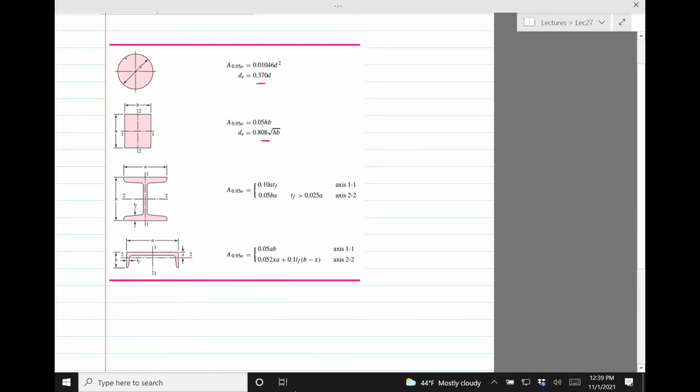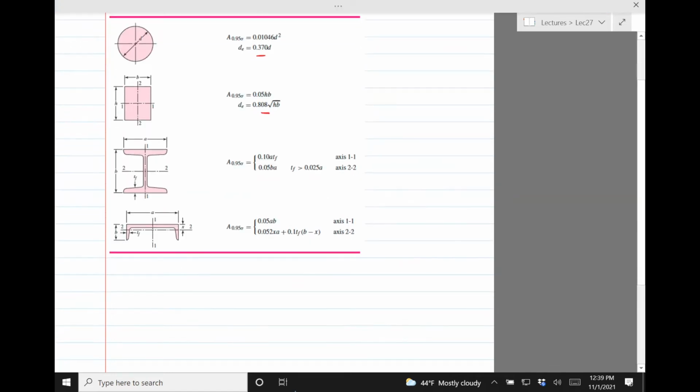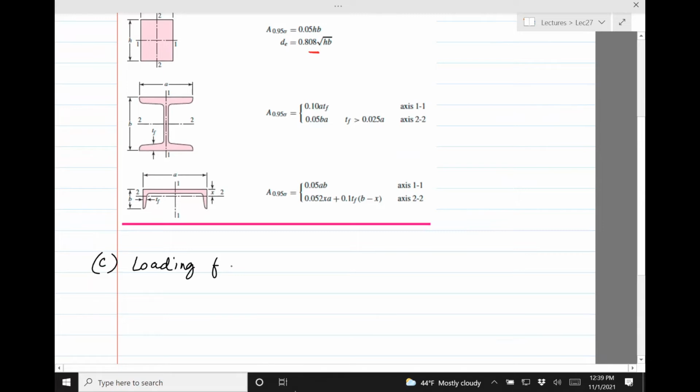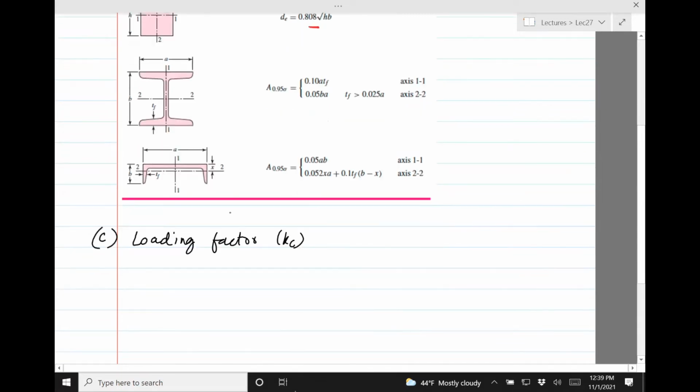Okay, let's go to load factors KC. It's called a loading factor, and this is fairly straightforward.